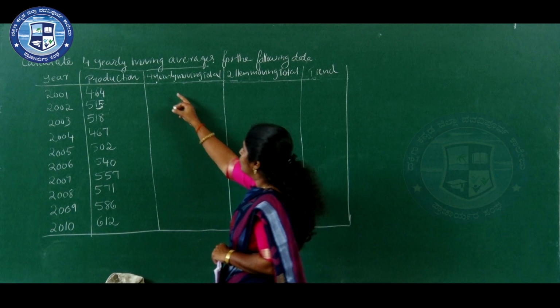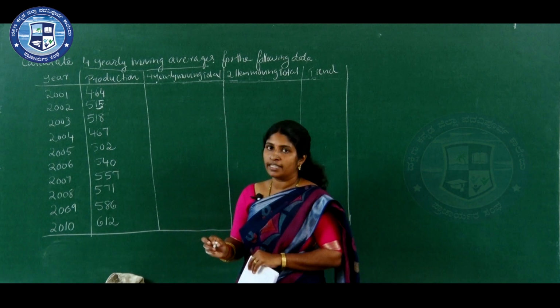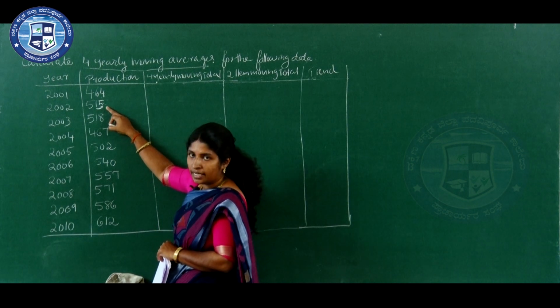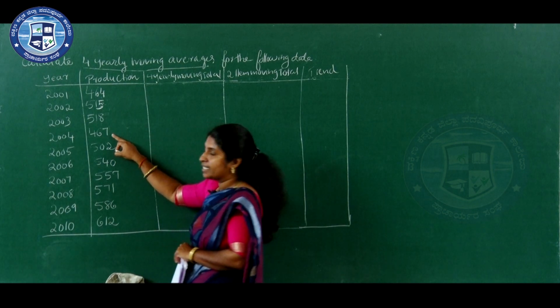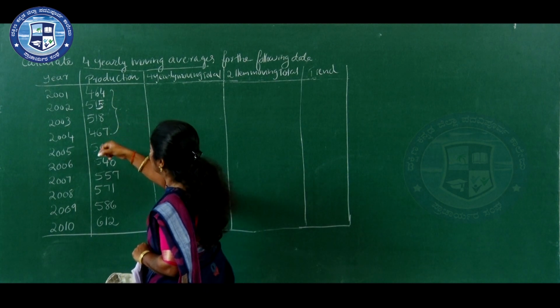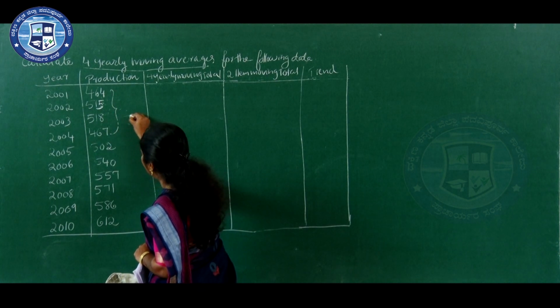Now how to obtain the 4-yearly moving total? That is 464 plus 515 plus 518 plus 467. We have to add 4 values and write it in front of the third value.